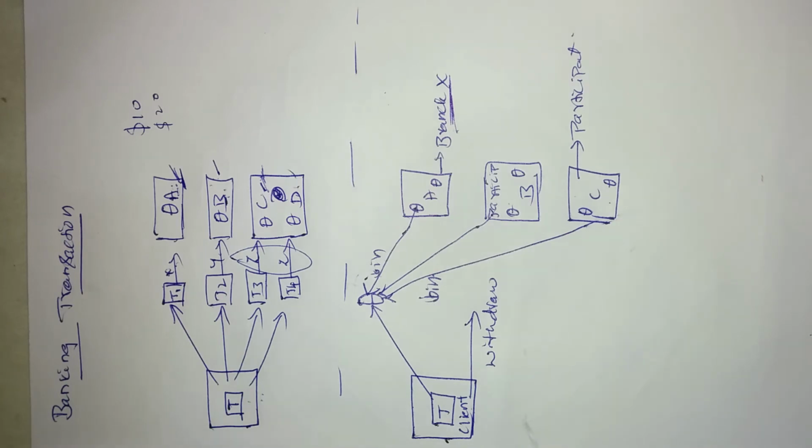Now I will explain the meaning of atomic commit protocol. There are two concepts: one-phase atomic commit protocol and two-phase atomic commit protocol. Today I am going to discuss the definition of atomic commit protocol, point by point.